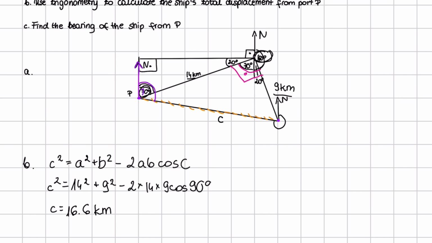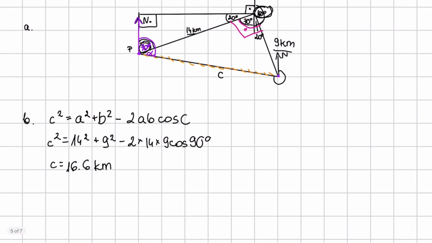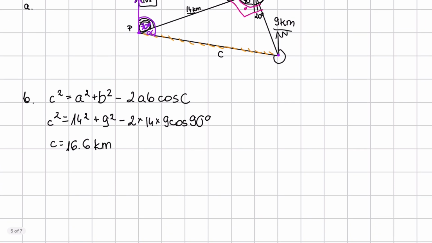However, we know that here we have 70, so we're looking only for this angle, and then we have to add these values in order to have the bearing of the ship from P. So here we will also use the cosine rule, however the changed one. So cosine C equals a squared plus b squared minus c squared over 2 times a times b.